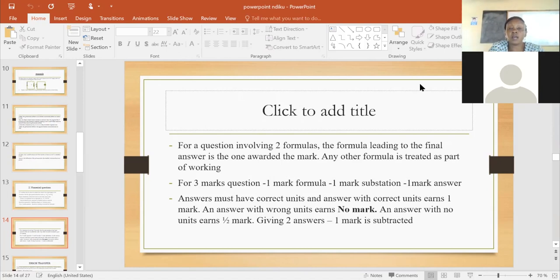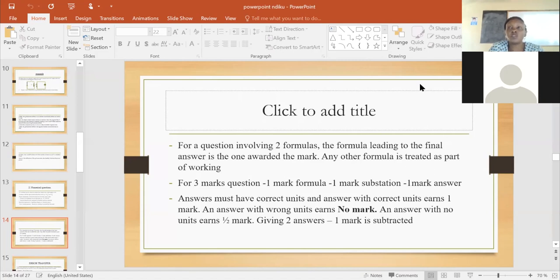When giving answers, the answer must have correct units. If the answer has correct units, it earns 1 mark. An answer with the wrong units earns no mark.